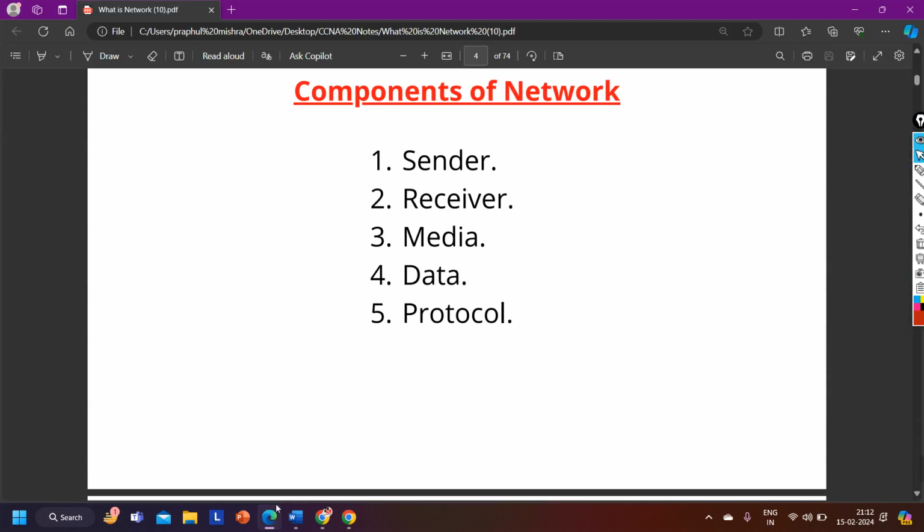Next thing is components of network. Components of network means you can say requirement of network. What are the components? What are the things required to design a simple network? So in a simple network, guys, there should be one sender device. Sender device means the device who is going to send the data, correct?